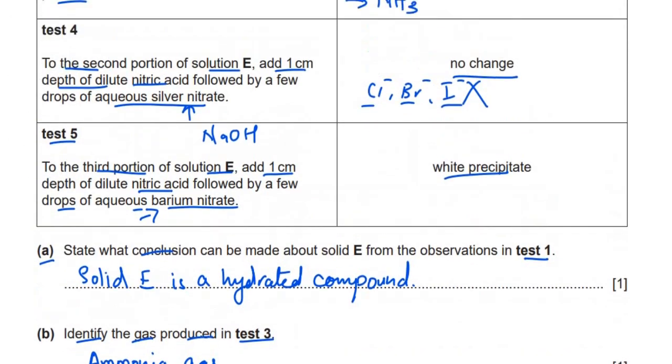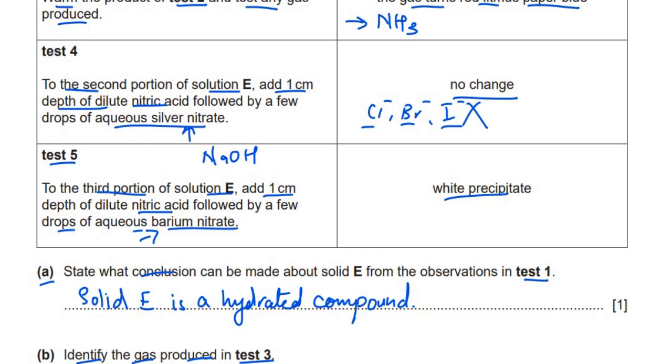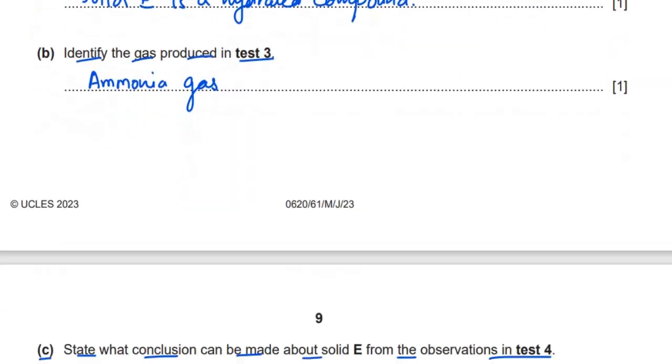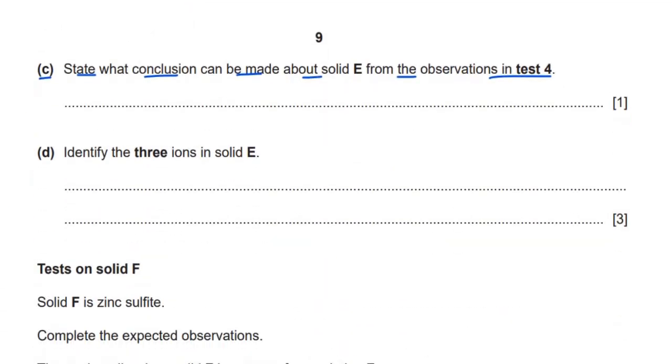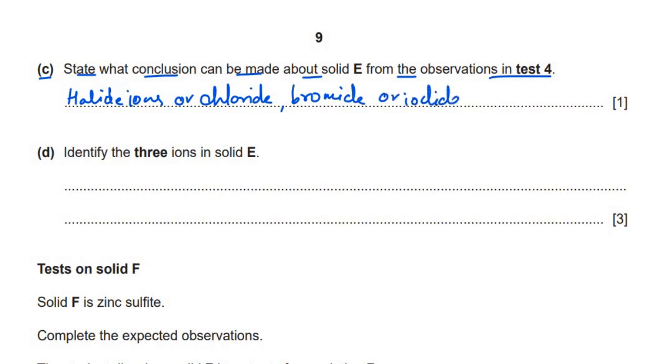Now again if we go with test 4, we can see that there is no precipitate obtained with acidified silver nitrate, so halide ions are not present, or we can say chloride, bromide or iodide ions are absent, or you can say are not present. It's one and the same thing.